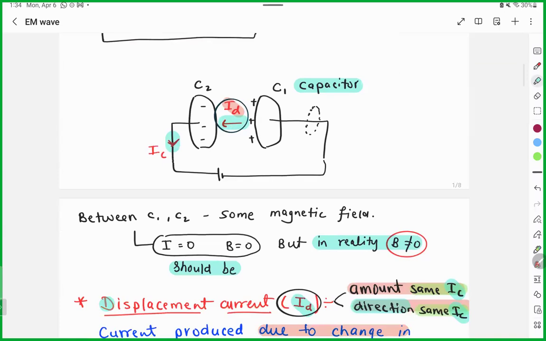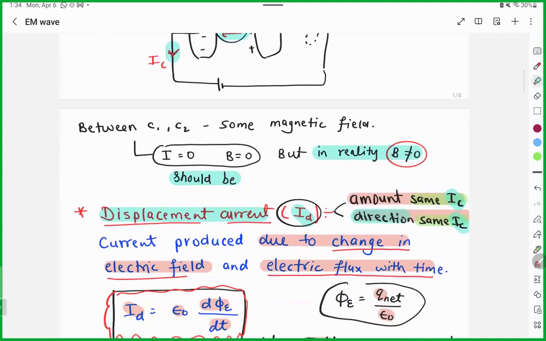Why? Because we just said that the amount and direction of displacement current is the same as the conduction current. Okay?